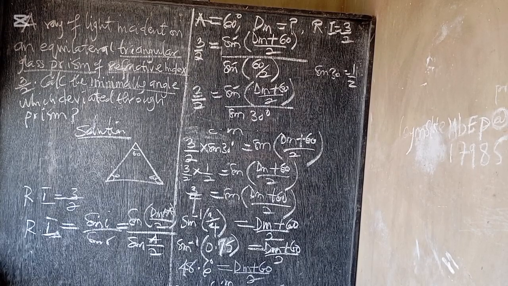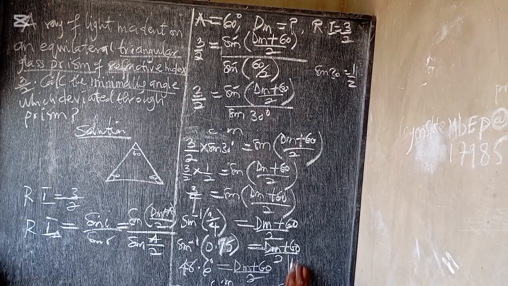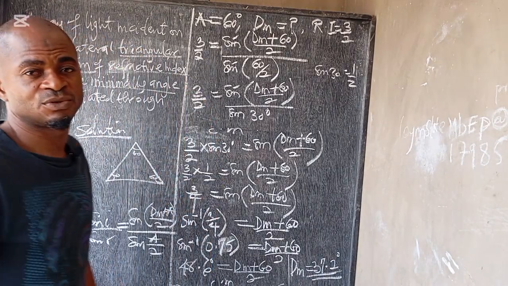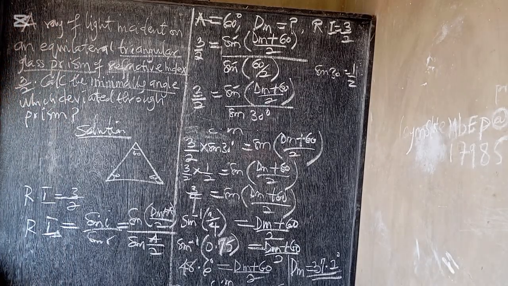I get Dm plus 60 equals 97.2. So Dm only is 97.2 minus 60, which gives 37.2 degrees. The minimum angle of deviation they asked me to calculate is going to be 37.2 degrees.